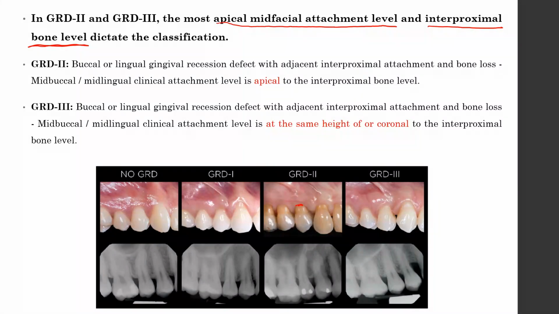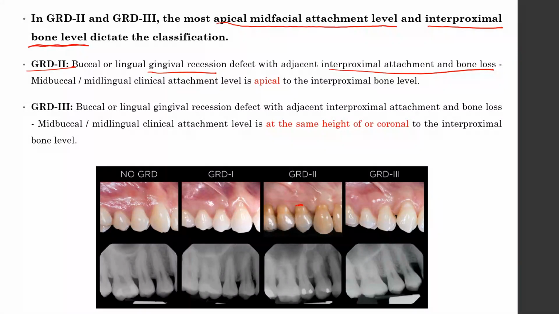Likewise, in GRD2 the buccal or lingual gingival recession defect with adjacent interproximal attachment and bone loss. So here it is for sure that the gingival recession is there, and interproximal attachment and bone loss is also there.